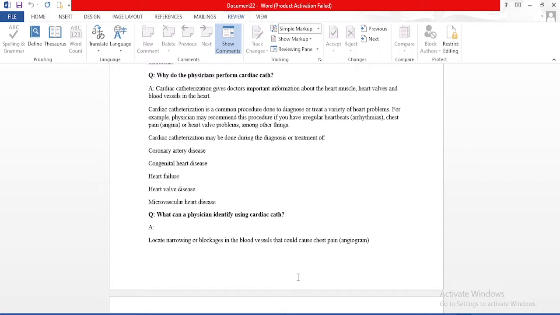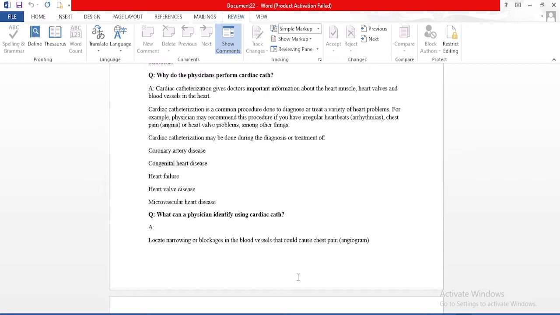Also cardiac catheterization may be done during the diagnosis or treatment of other conditions. Basically here cardiac catheterization will be performed when a major procedure is also performed under major surgery.